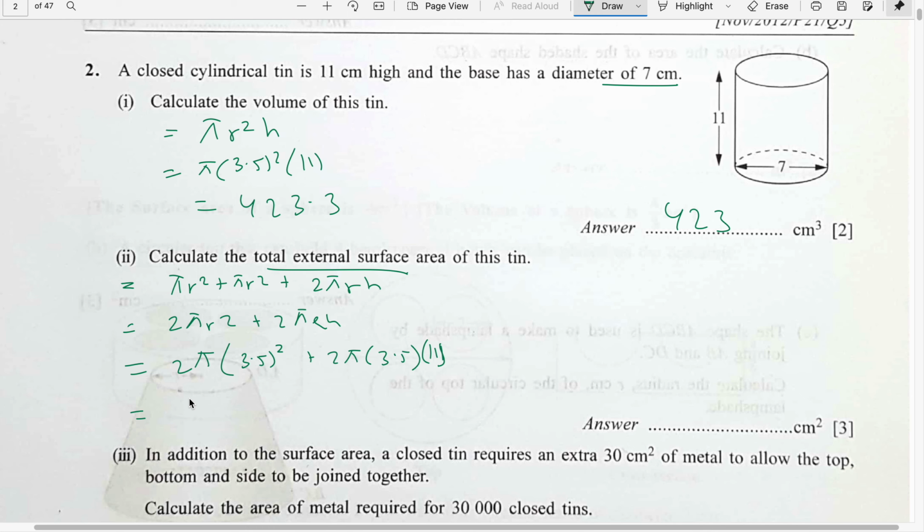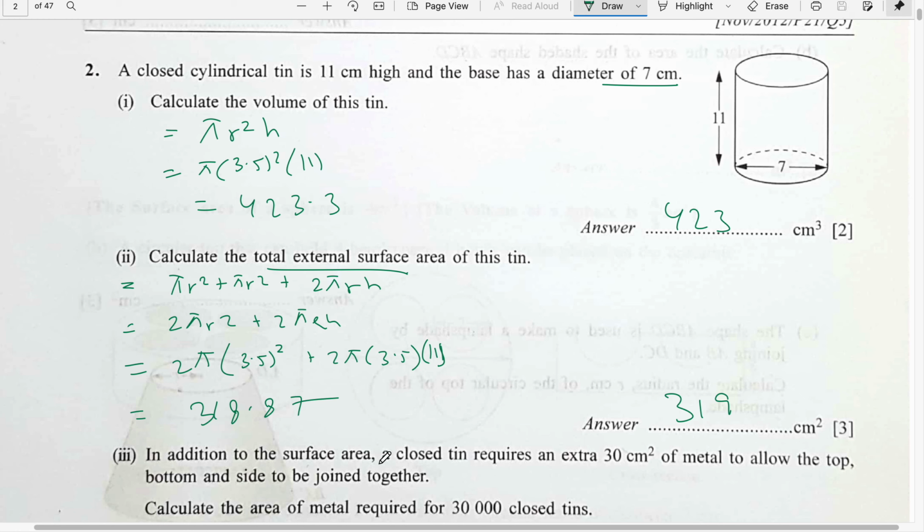Two pi 3.5 squared plus 2 into pi into 3.5 into 11 is 318.87, 319 up to 3 significant figures.